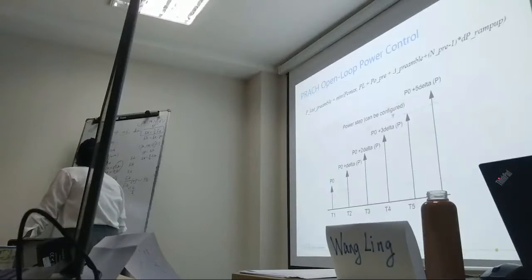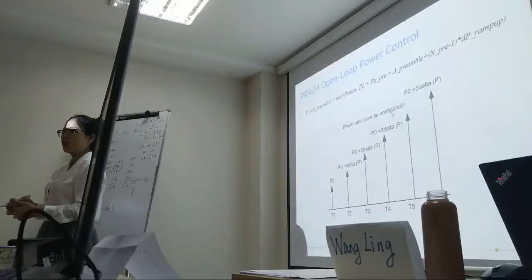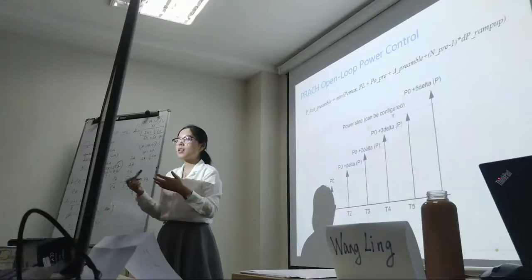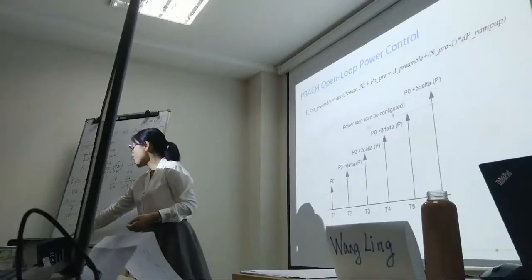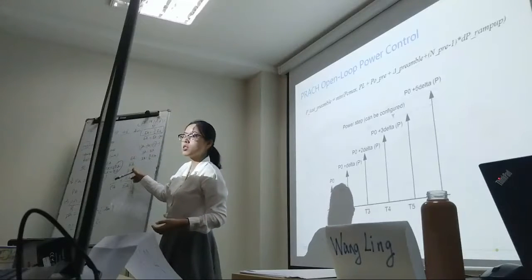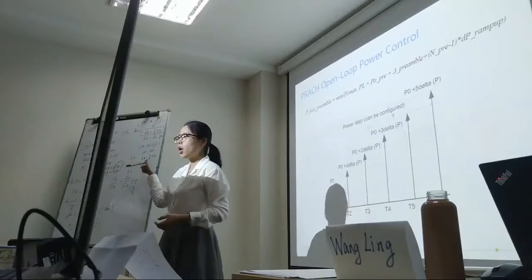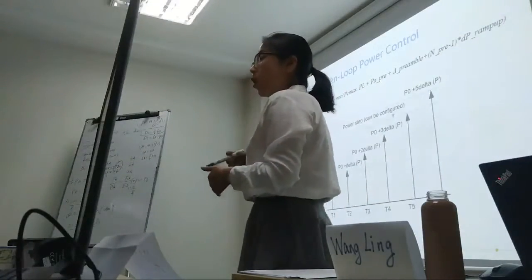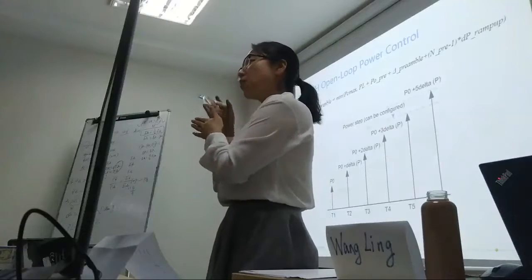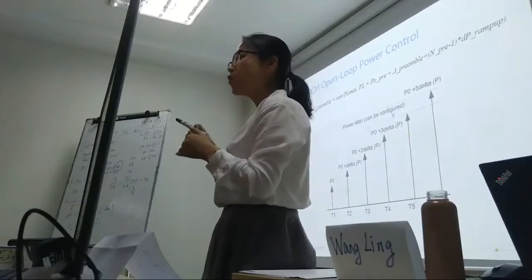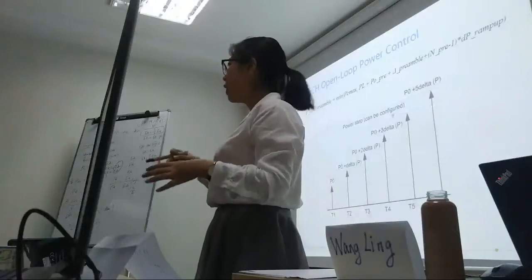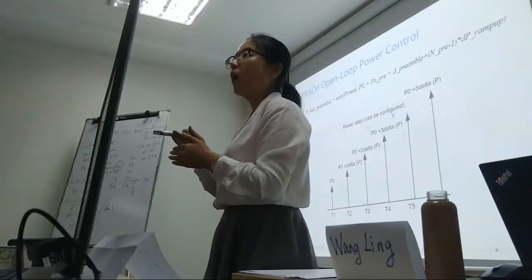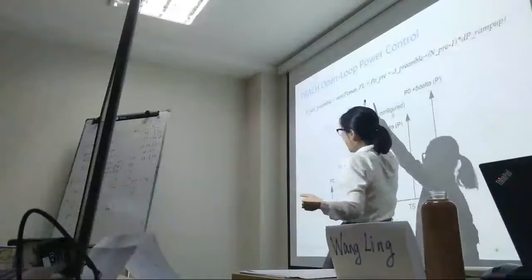The receive power is the RSRP we detect, and the transmit power is the RS power we transmit. This value is also broadcast in SIB2, in the system message. So when the UE transmits the preamble, it has already read the system information, so the UE knows the transmit power and detects the receive power, so it can calculate the path loss.